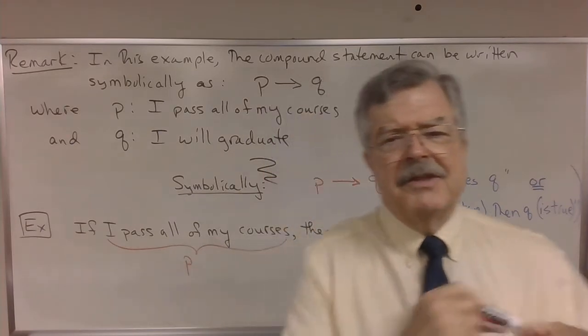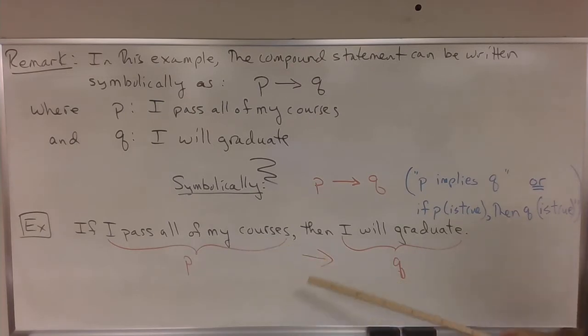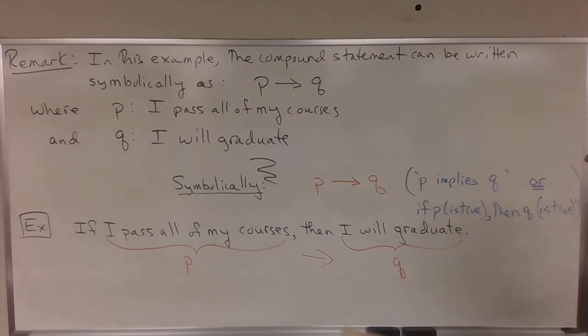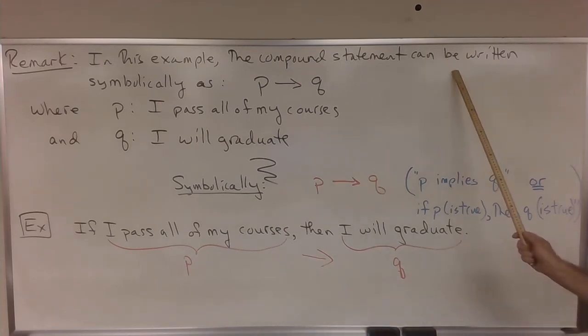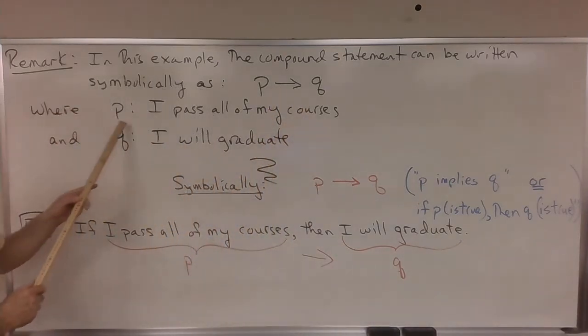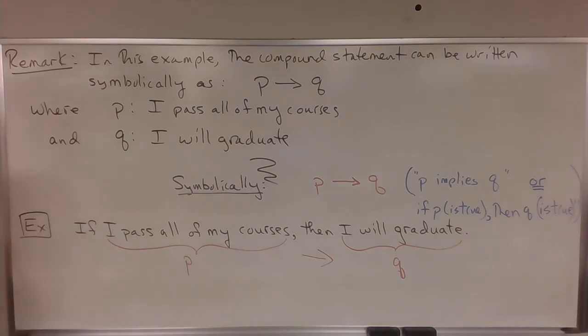Okay, still working on this example. This statement, if I pass all of my courses, then I will graduate, which we have diagrammed as P implies Q, or if P, then Q. This compound statement can be written symbolically as P implies Q, where P is the statement, I pass all of my courses, and Q is the statement, I will graduate.